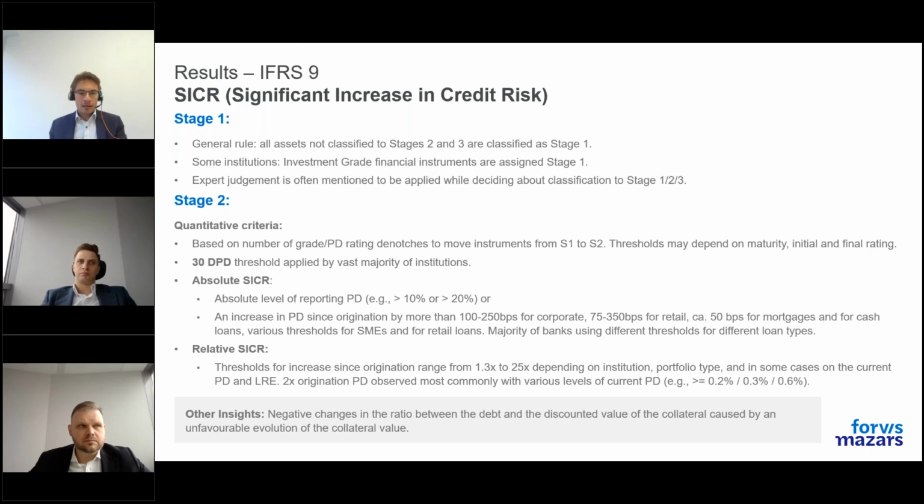So finally, negative change in LTV is used to define SICR. This approach seems to be non-compliant with the regulatory guidelines. However, we noted that it was used in few cases for specific portfolios of secured assets.